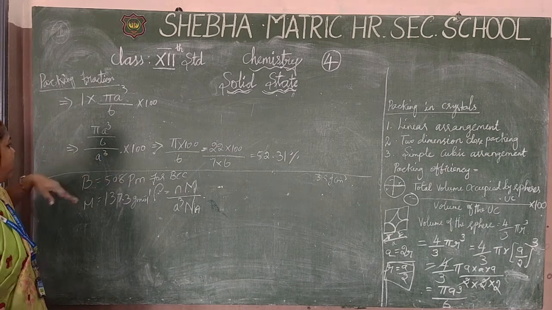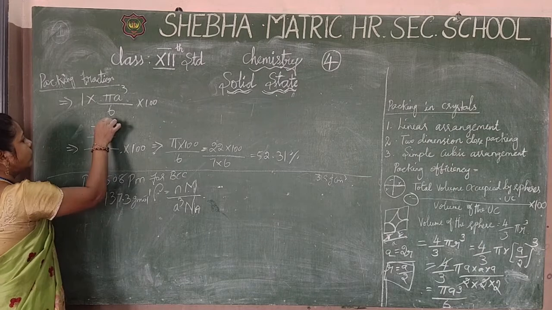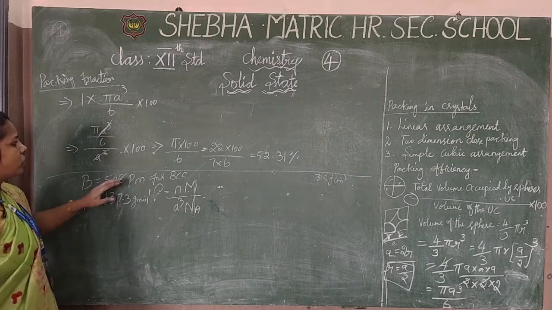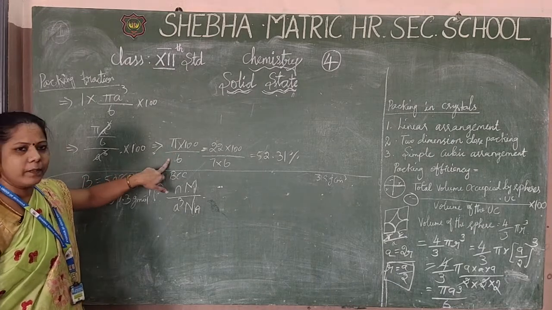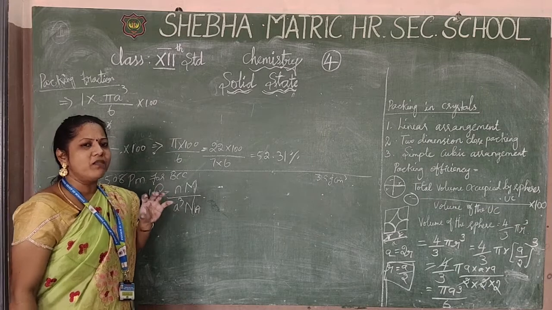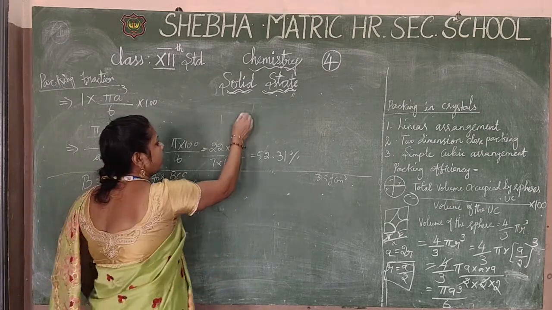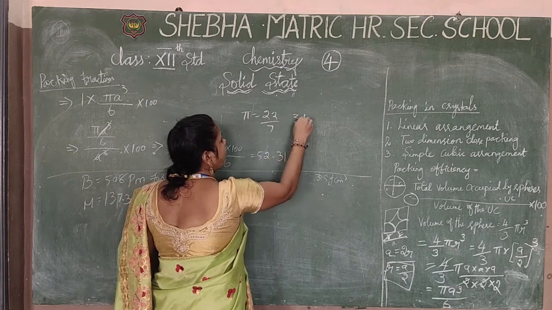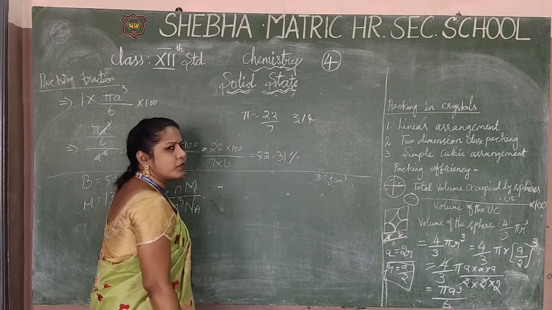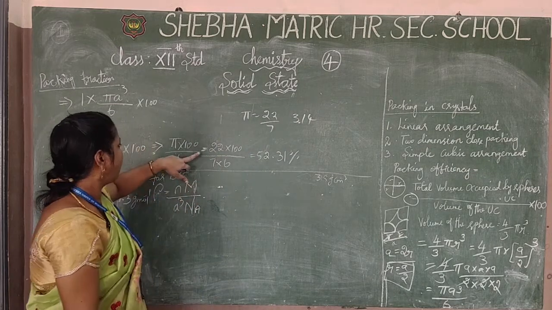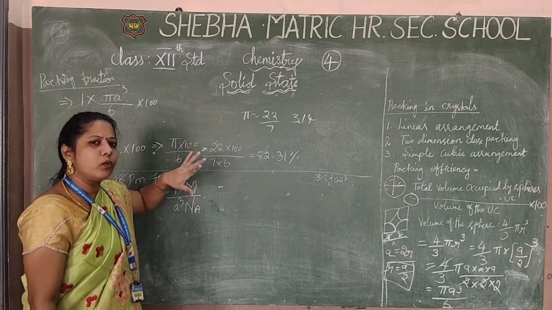Then simplify, you cancel a cube. So pi by 6 into 100, so pi into 100 by 6. You know the pi value is 22 by 7 or 3.14. Whatever it is, you can use that value for pi. So I am just going to write 22 by 7.